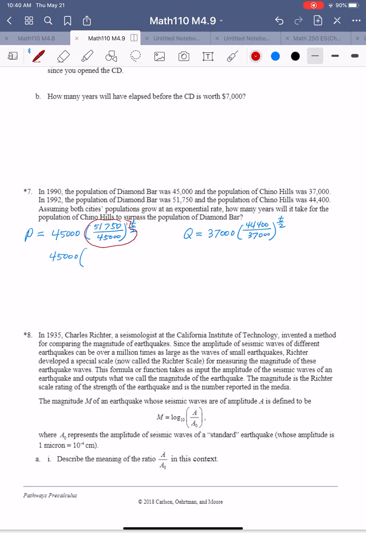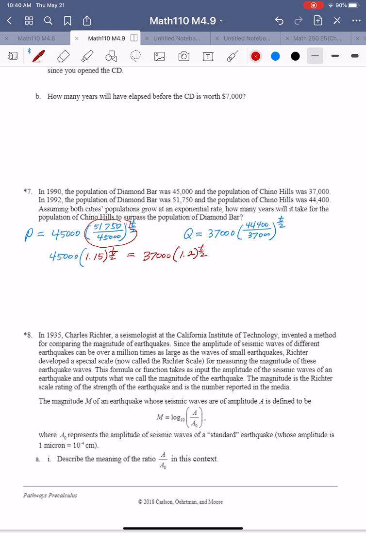And then I get about 1.15 to the t, which equals the same thing here, 37,000 times, if I change that to a decimal, about 1.2 to the t power. Oh, t over 2, sorry, t over 2. So keep it just like that.